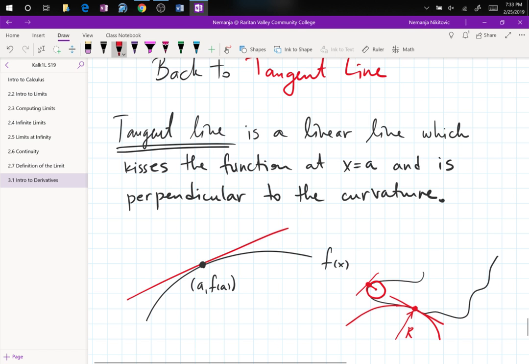So when you say that the tangent line is perpendicular to curvature, it means that you can fit a circle of some radius, and there is a 90 degrees angle from the tangent line to the curvature.